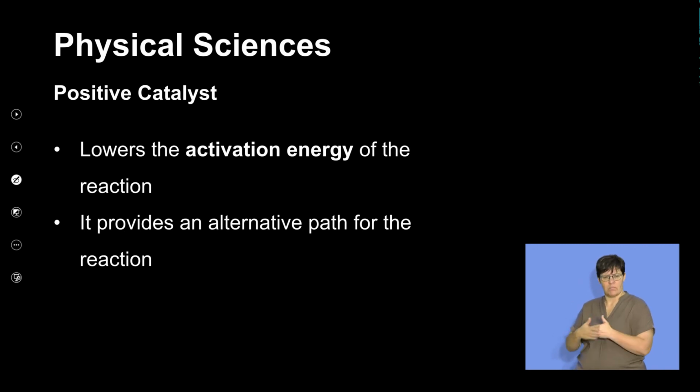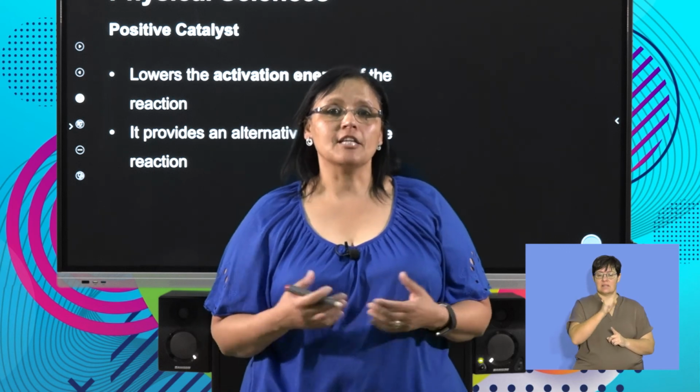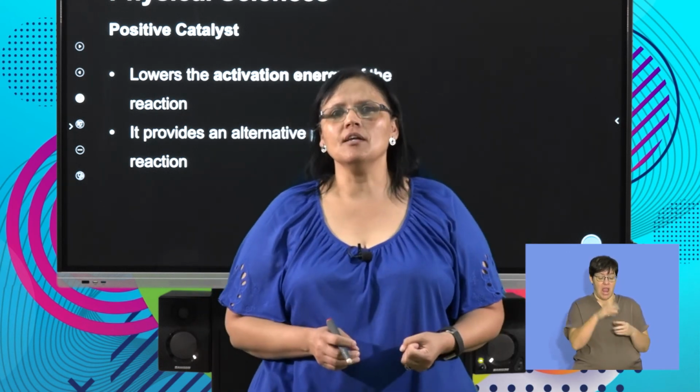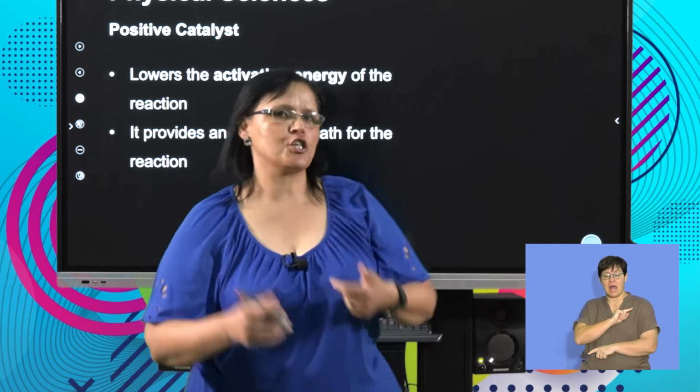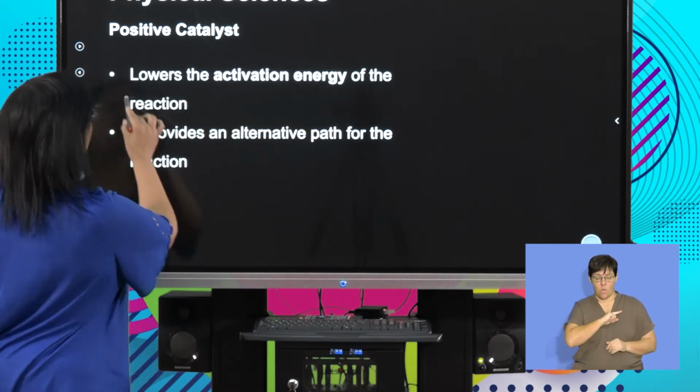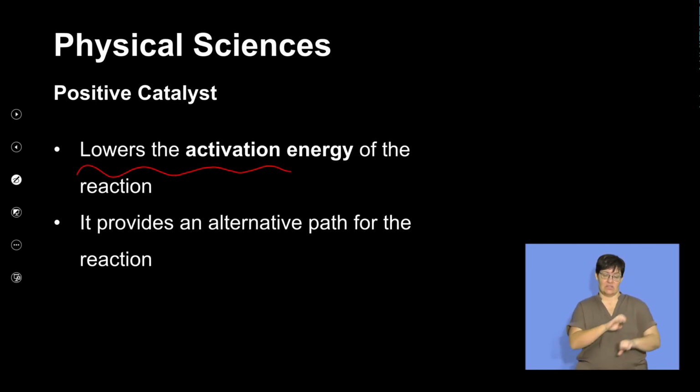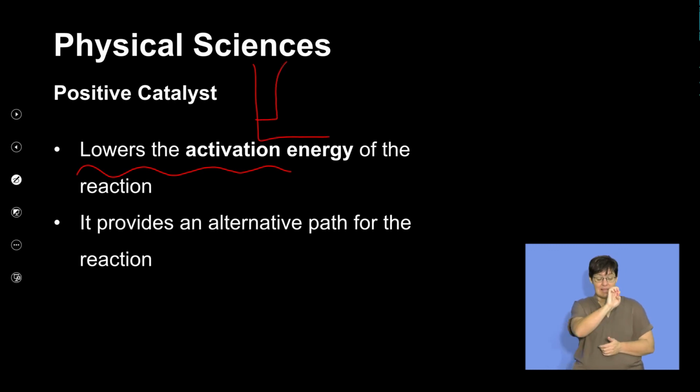I want to remind you that a positive catalyst is a substance that does not take part in the reaction, but it does speed up the reaction by lowering the activation energy. If the activation energy is lowered, it basically means there is an alternative route that can be followed.